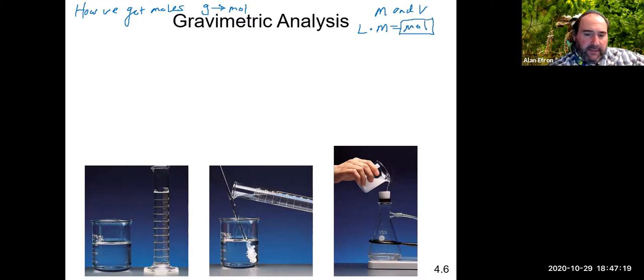So a lot of times we'll do stoichiometry problems involving solutions. The main difference is, instead of using molar mass from the periodic table to do the grams to moles conversion, we could get to moles by taking liters and molarity. Also, on the back end of the calculation, sometimes we'll use molarity.